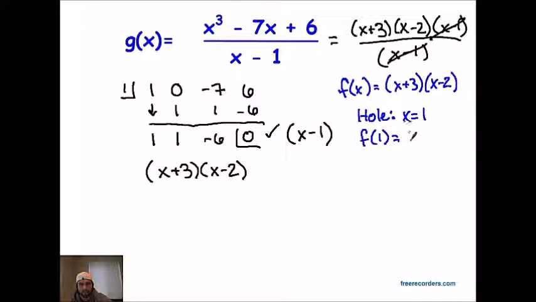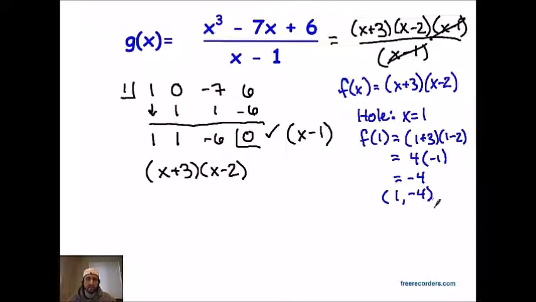And so this is going to give us 1 plus 3, 1 minus 2, and so this will be 4 times negative 1. And so we'll see that f of 1 equals negative 4, and we see our hole occurs at 1 comma negative 4. Yay! That's good news for us. So now we know where the hole actually is.